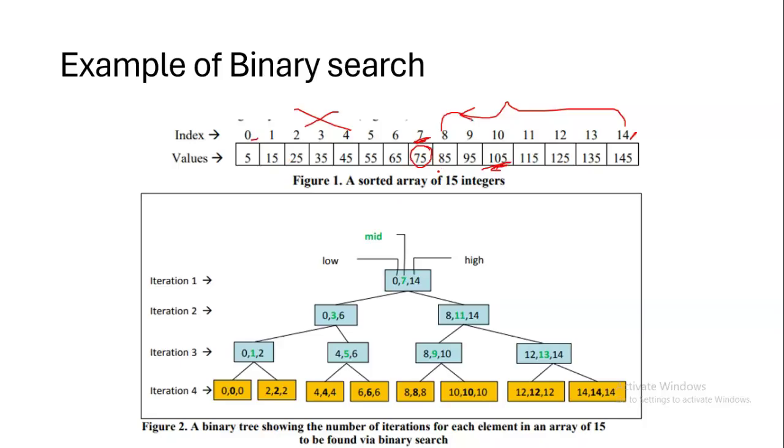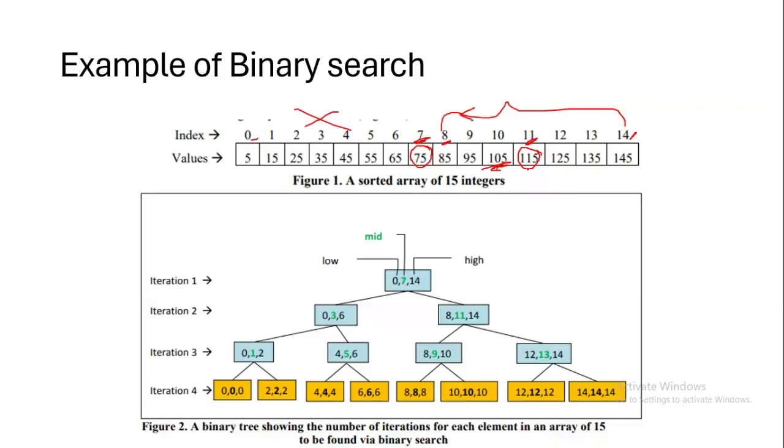Now we will repeat the same process. As we have already compared the element at index 7, the lower bound of the new array will be 8 and the upper bound will be the same as the previous, that is 14. For this array we find the mid element. The mid index comes out to be 11 and the element stored at the mid is 115.